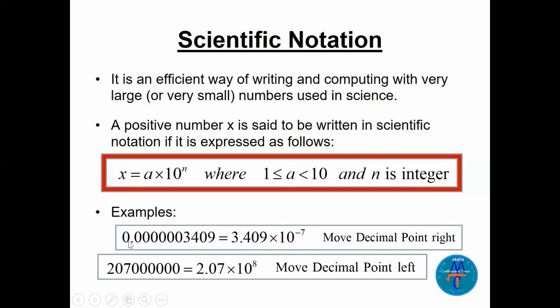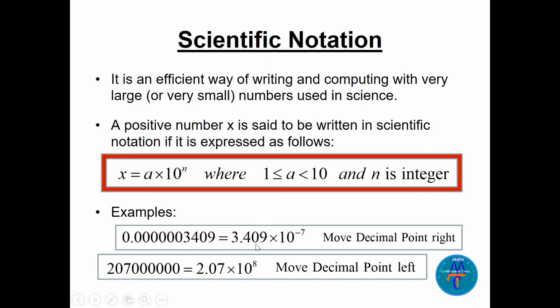See, that's the decimal point. Move it to the right, 1, 2, 3, 4, 5, 6, 7, and then I stop. Where do I stop? At the first number between 1 and 10. So I stop there. 3 point, so it's easy now to read.